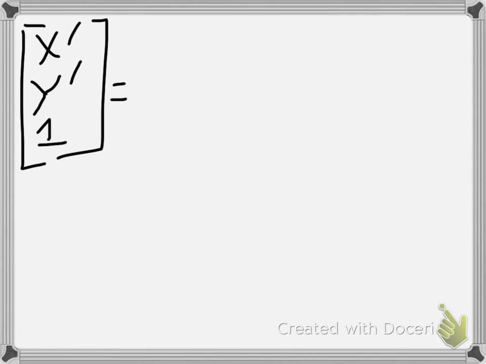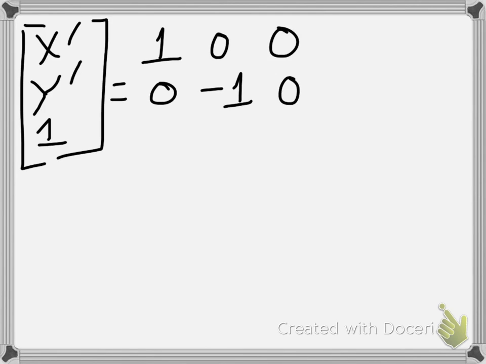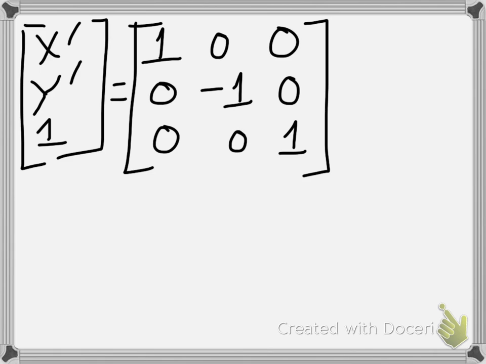So it will go like x dash y dash 1 equals to 1 0 0, 0 minus 1 0, 0 0 1, multiplied with 4 2 1.